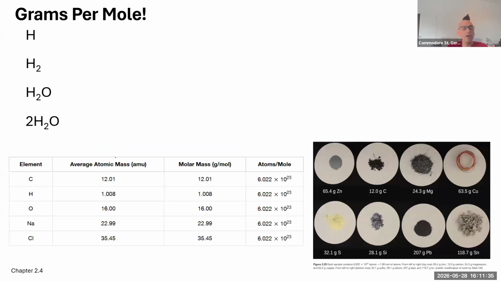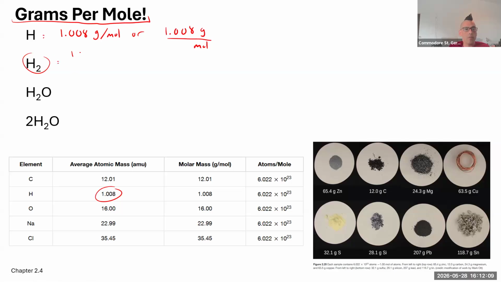All right, so now let's figure out how to calculate the grams per mole for these different atoms or elements or molecules. Hydrogen, you look on the periodic table, boom, there's a single one, 1.008 grams per mole. I like writing it this way, grams per mole. All right. H2, there's two of them.